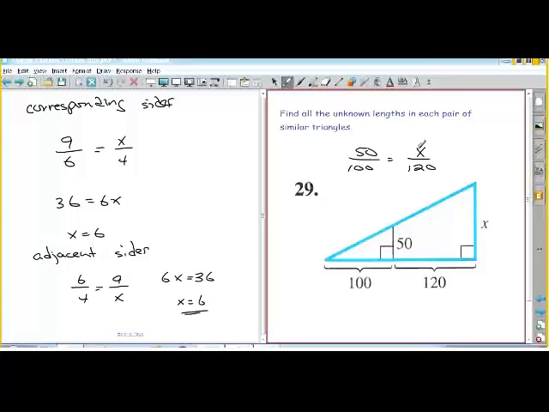So what the correct ratio would be, well, before we even do that, let me just point out the triangles here. This is the small triangle. We've got this common angle. We've got both right angles. The second triangle is this whole thing.